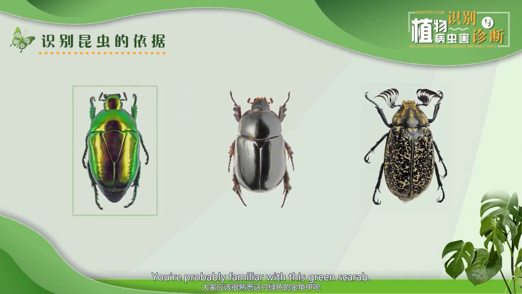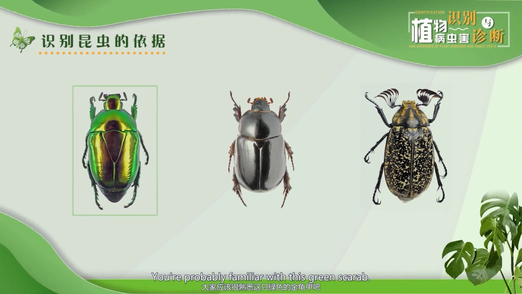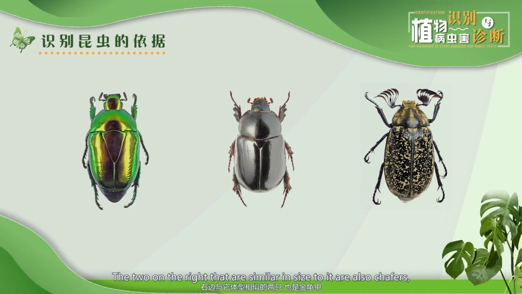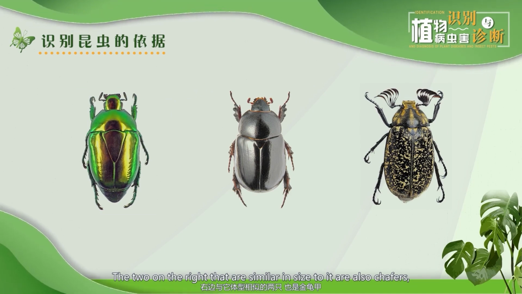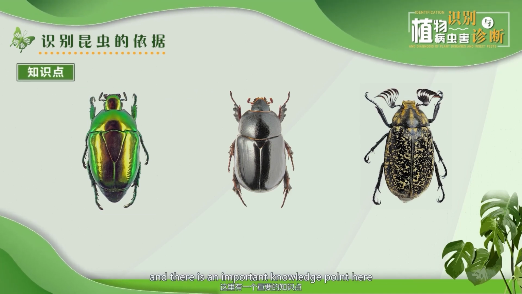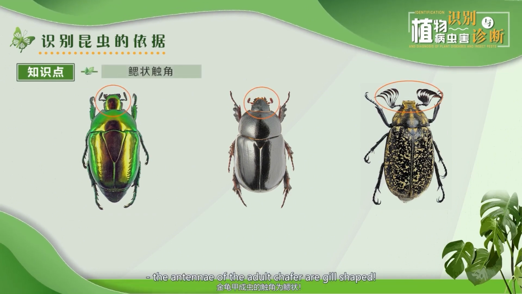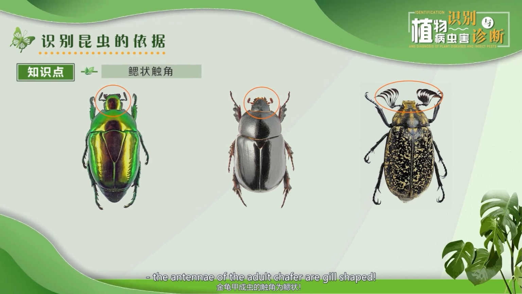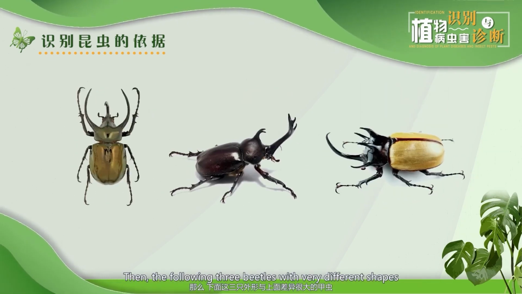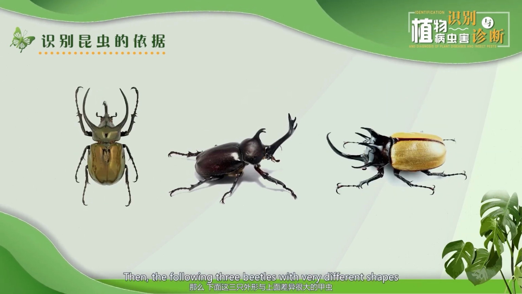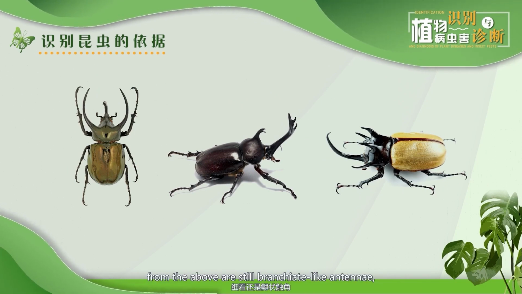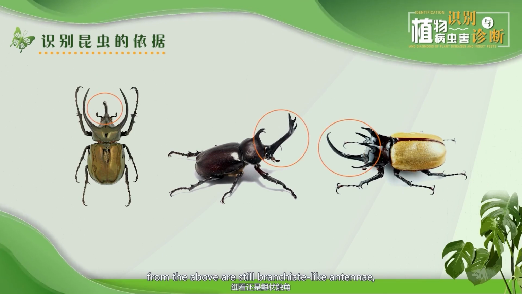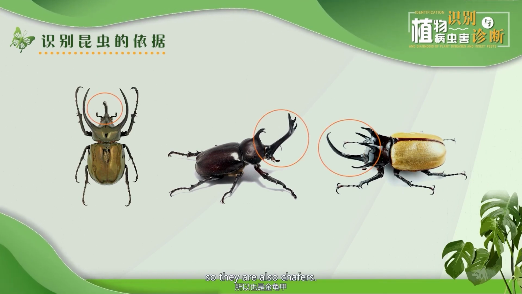You're probably familiar with this green scarab. The 2 on the right that are similar in size to it are also chafers, and there is an important knowledge point here. The antennae of the adult chafer are gill-shaped. Then, the following 3 beetles with very different shapes from the above still have gill-like antennae, so they are also chafers.